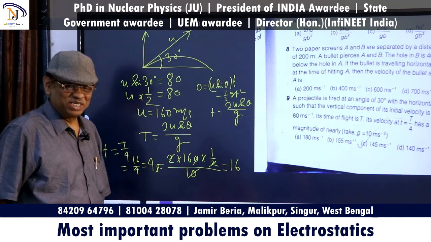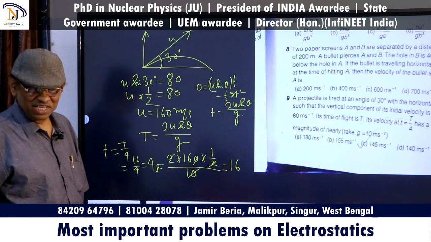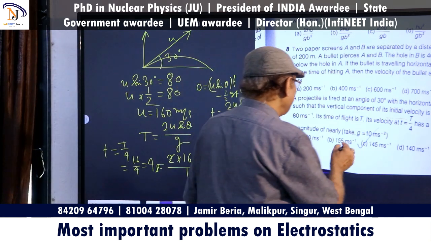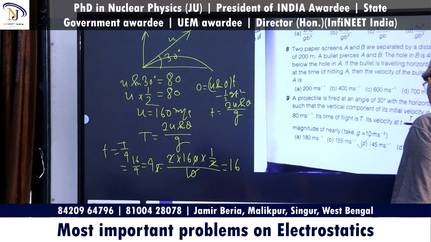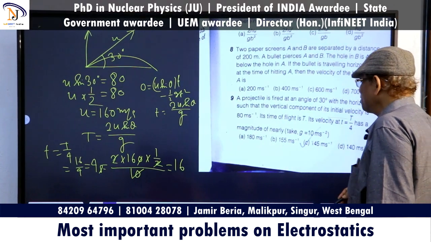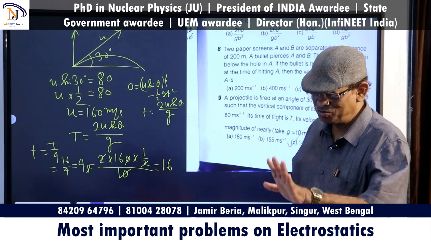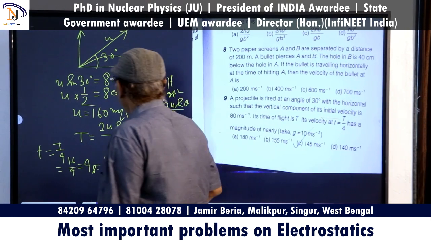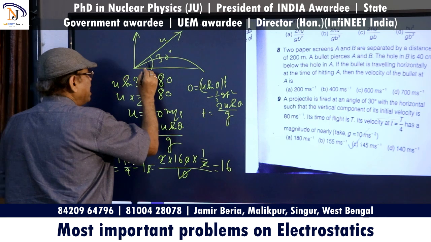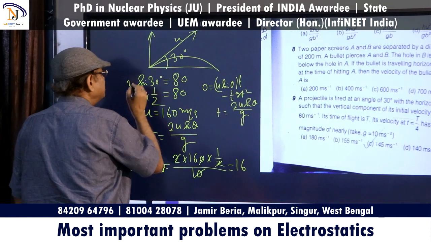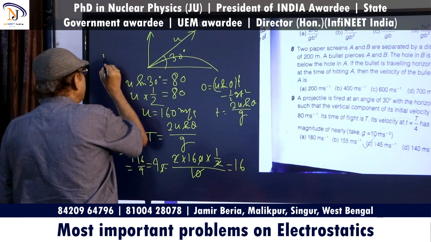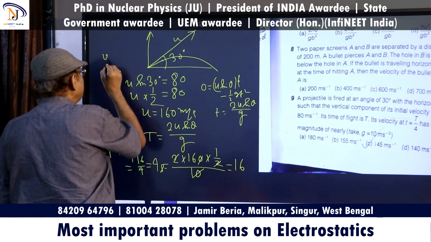And what do you have to calculate? You have to calculate the velocity. A velocity, very important. It is velocity at t equals T by 4. Mostly people will commit mistake. I am showing you what is the velocity. Suppose it reaches a point here. The velocity will be at vertical velocity.